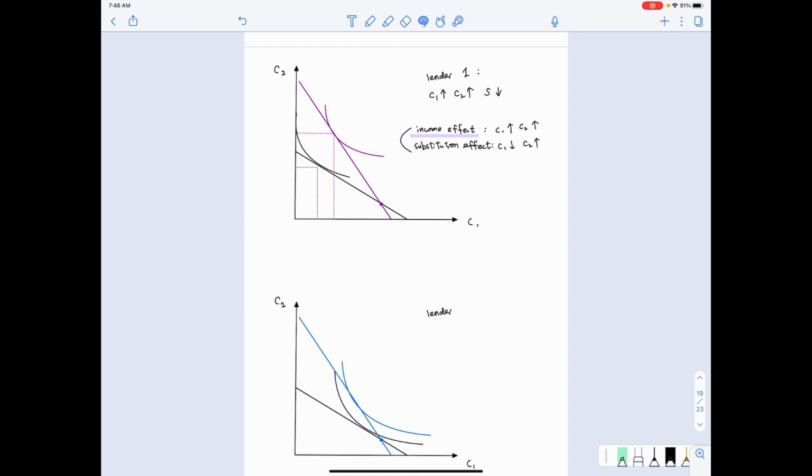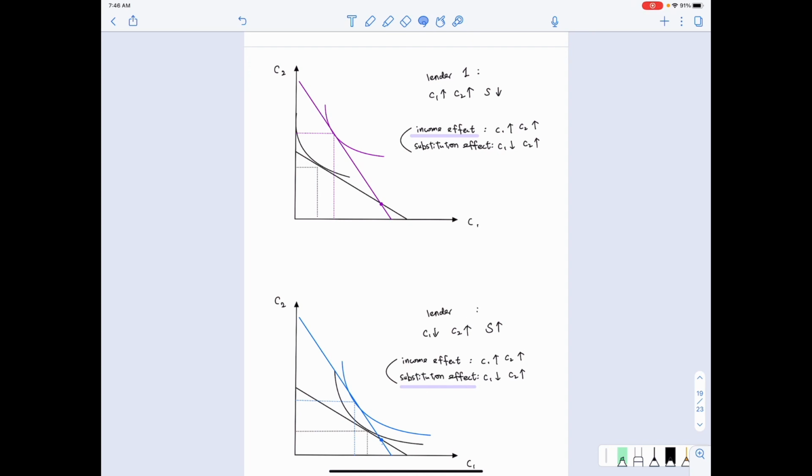In this case, we have a higher second period consumption as well, but a lower first period consumption. Given that the first period income remains the same, we know the saving should increase. If we look at the income effect and the substitution effect again, we will see that in this case, the substitution effect dominates the income effect.